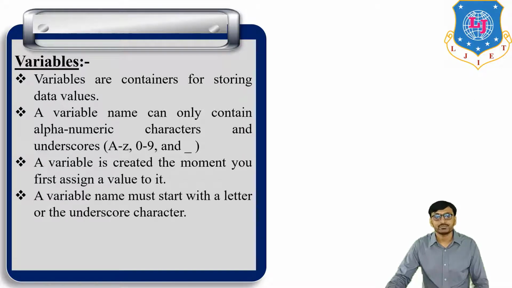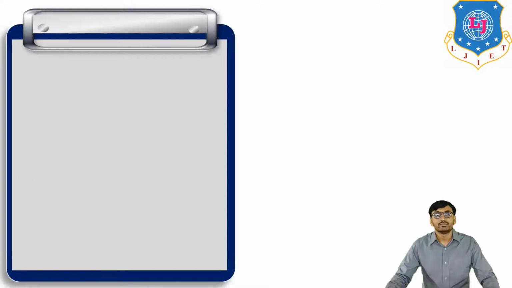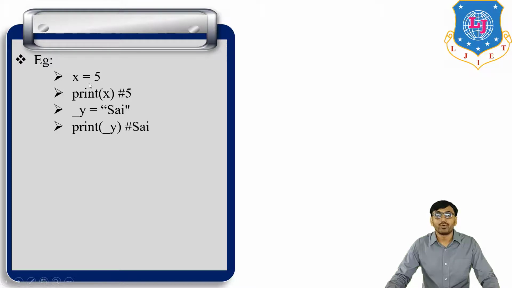A variable name must start with a letter or the underscore character. It does not start with a digit. Now, for example, x = 5. x is one type of variable, and the value of x is 5.